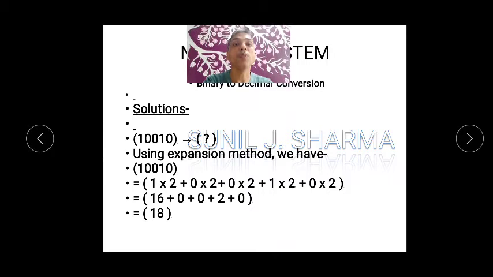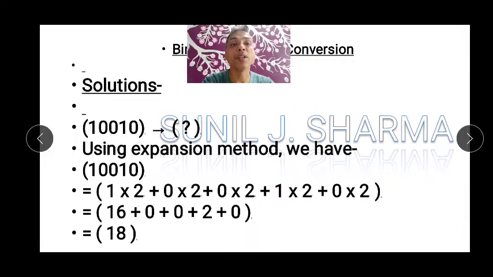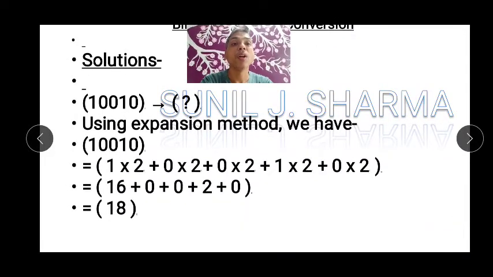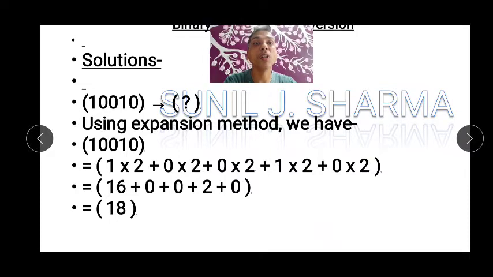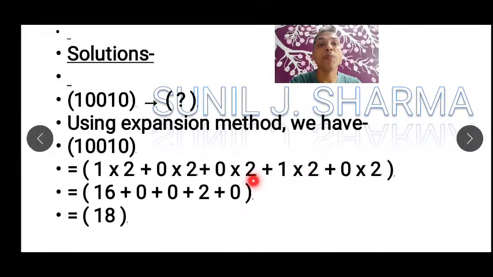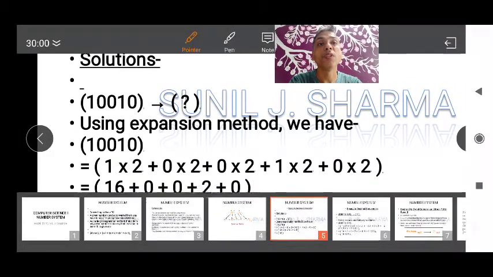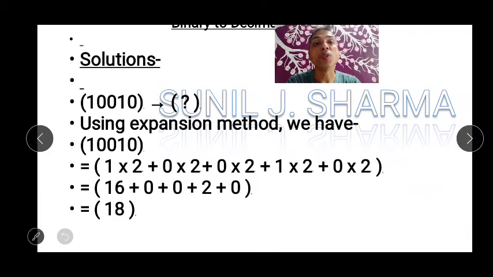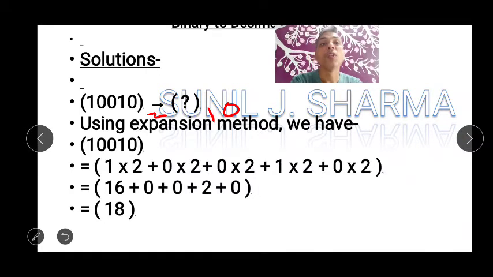Now suppose this is our example. I think there is some mistake in this. First of all, the problem here is you don't know which base you have to convert from. So I'll just write it here. Suppose this is your binary number and you want to change it to decimal. Let's see how it is changed.